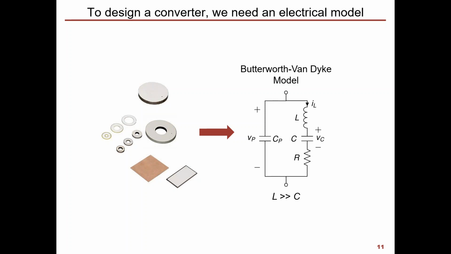And that LCR branch models the piezo's mechanical resonance properties. So the L, for example, models its inertia component, and the C models its compliance component, again, similar to a spring. Typically in resonators, we see a much larger inertia component, meaning the inductor is much larger than that capacitance.